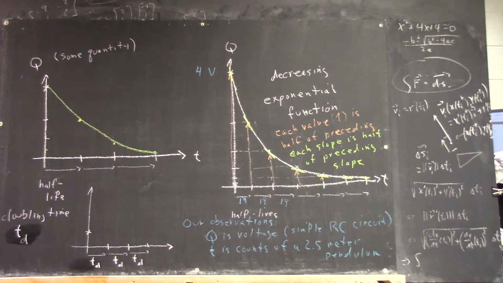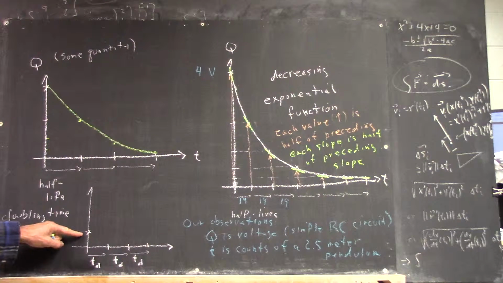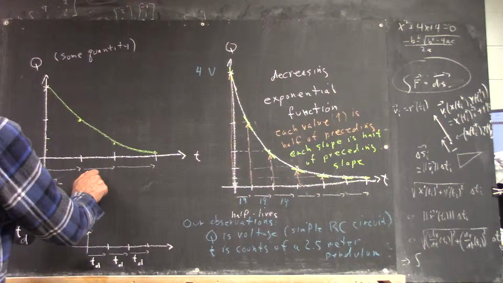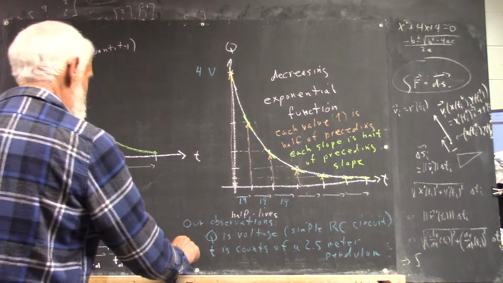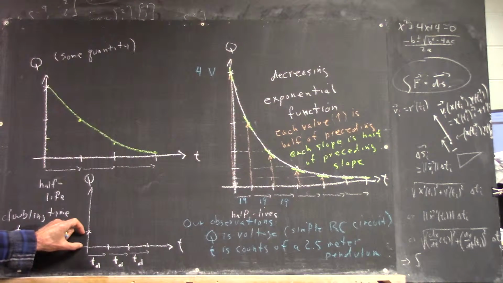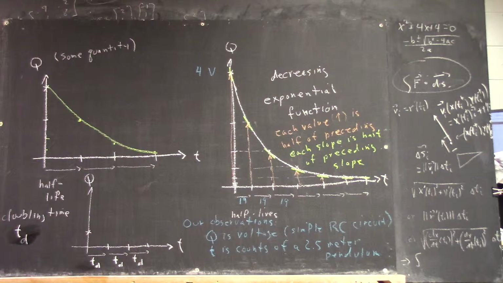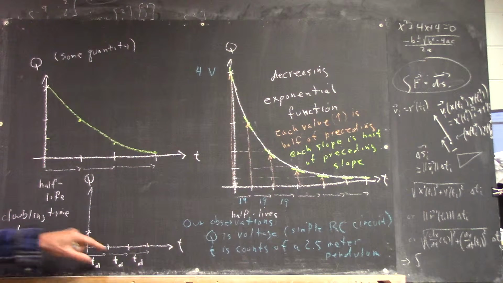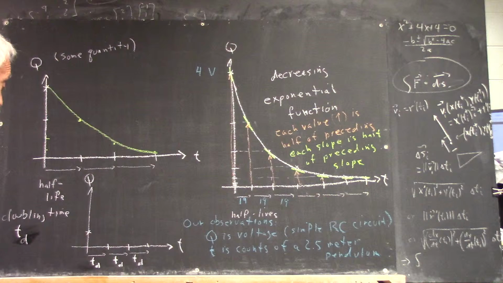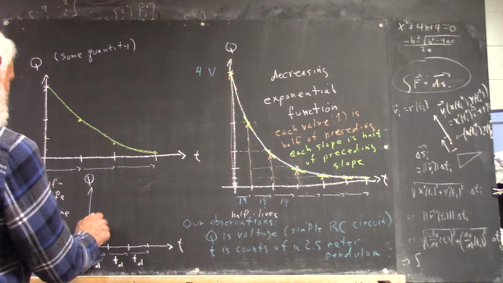So what do you think's going to happen to this value of q? It's going to double, because we have doubling time, right? So this doubles, so it comes up to here.